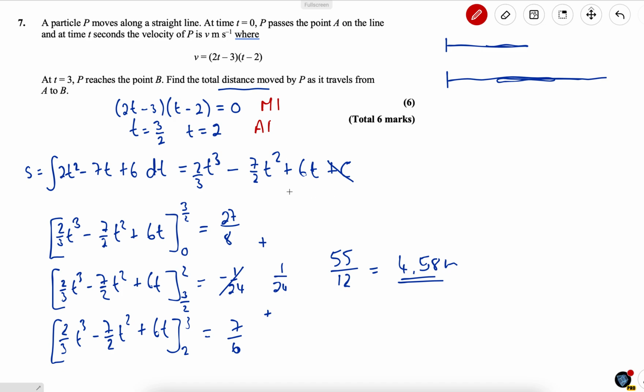One method mark for integrating with or without the c, and an accuracy mark there for all of these 3 terms correct. Another method mark for showing the 3 different integral limits in your working out, and then an accuracy mark for adding those together to get either the exact value or the decimal.